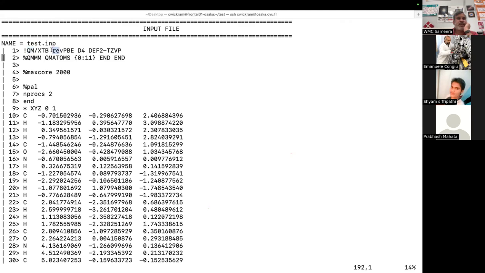We apply DFT with dispersion corrections and this basis set, and we use the XTB method for our low layer. Atoms 0 to 11 will be in the high layer, where we apply DFT, and for the other atoms we apply XTB.